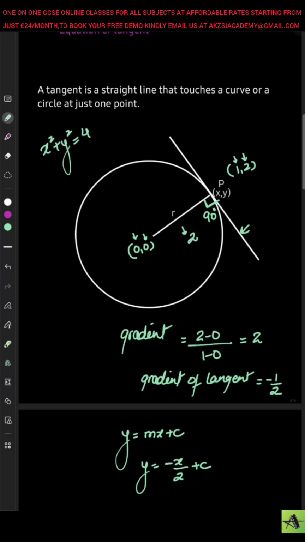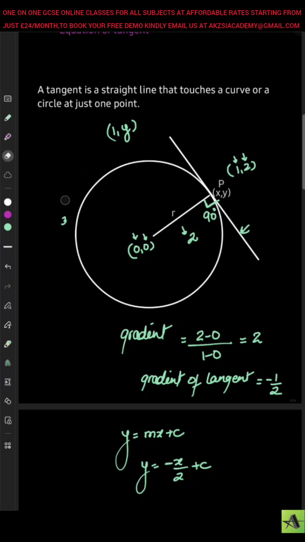And we know that there is a point lying on the circumference of the circle. The point is 1 comma y. I want to know what the value of that y is. So I can substitute x equals 1 because it's actually lying on it. So it's a part of that circle. So 1 squared plus y squared equals 4. So y squared is 3 and y will be root 3. And this way I can find the other point.